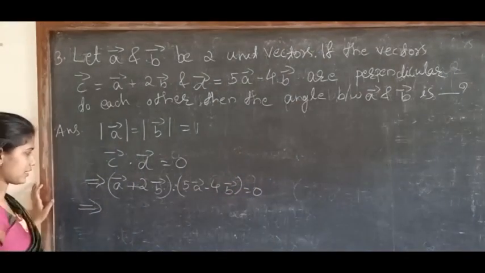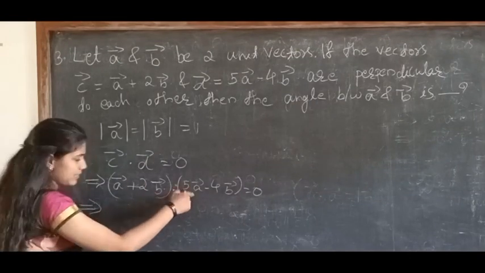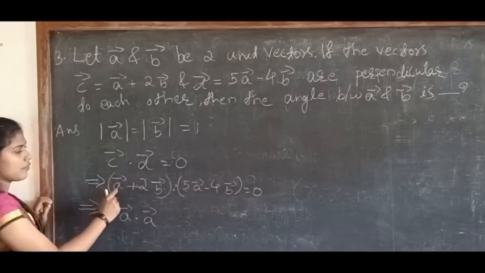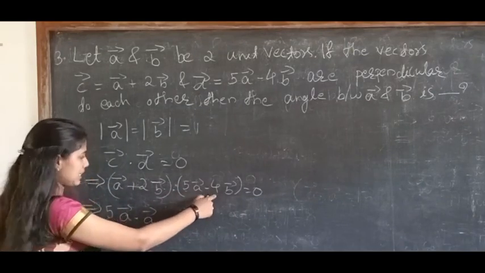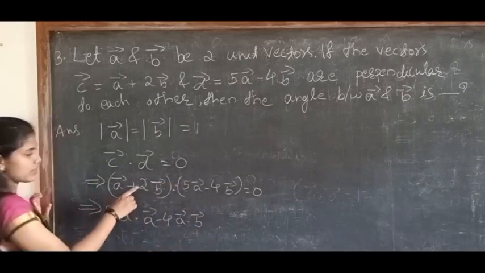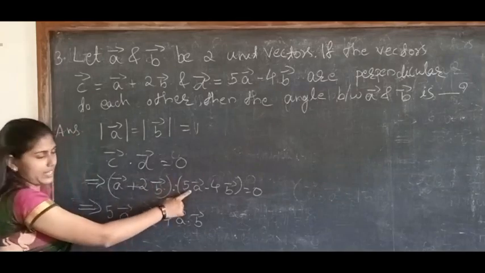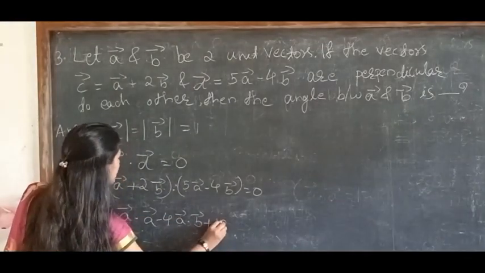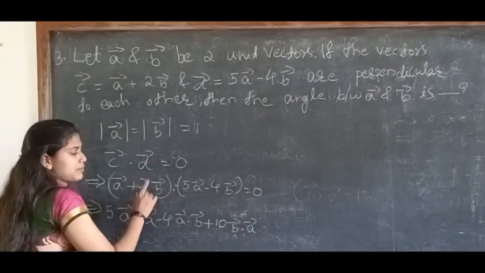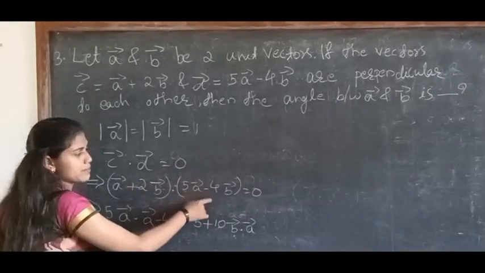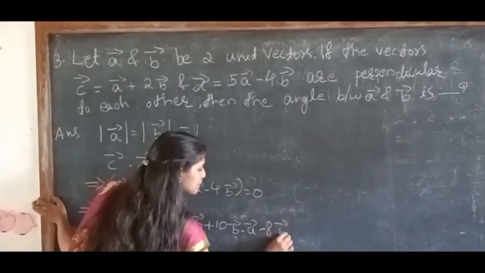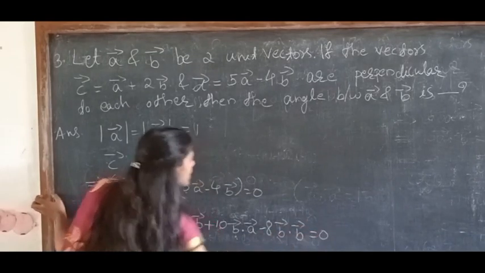Now we are going to do the dot product. Then vector A dot 5 vector A, that is 5 times vector A dot vector A, vector A dot minus 4 vector B, that is minus 4 vector A dot vector B. Next one is 2 vector B dot 5 vector A, that is plus 10 vector B dot vector A, and also 2 vector B dot minus 4 vector B. 2 times minus 4 is minus 8, minus 8 vector B dot vector B is equal to 0.